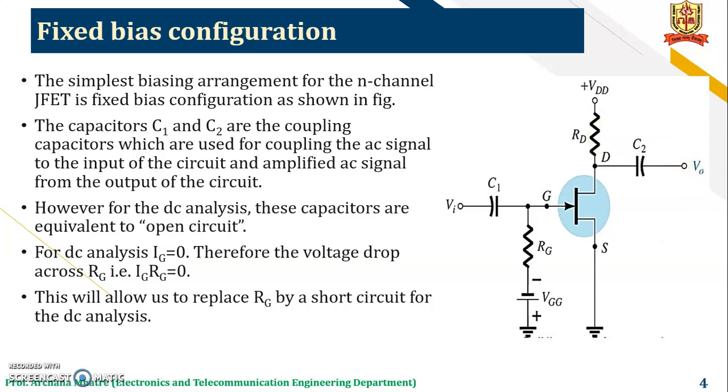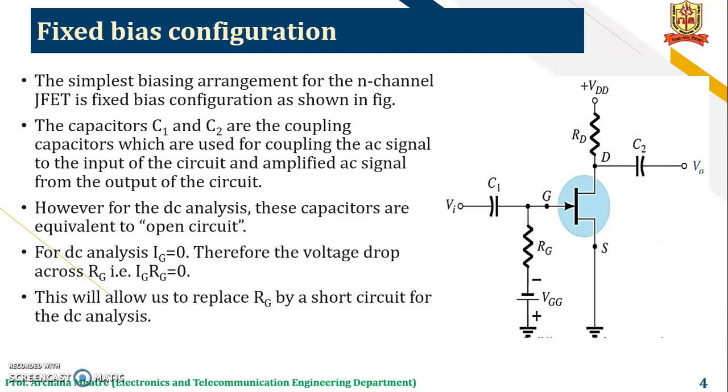The capacitor C1 and C2 are the coupling capacitors which are used for coupling the AC signal to the input of the circuit and amplified AC signal from the output of the circuit. However, for the DC analysis, these capacitors are equivalent to open circuit.